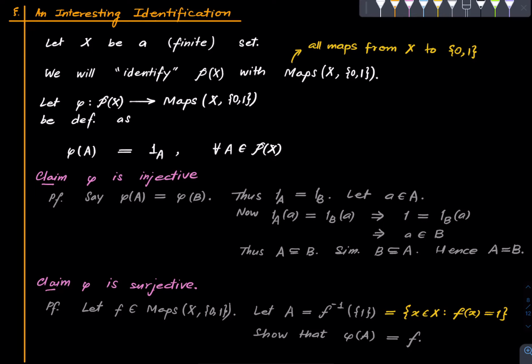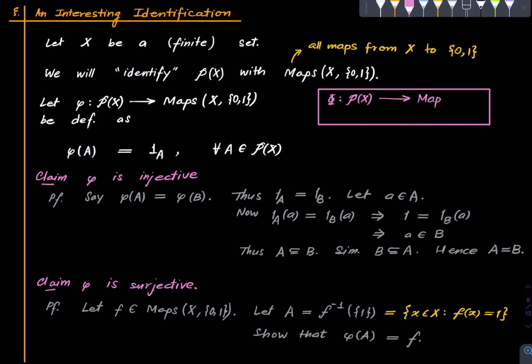One more thing I want to say is that we also will use the map capital phi, which maps from X to real numbers, and the map is the same.